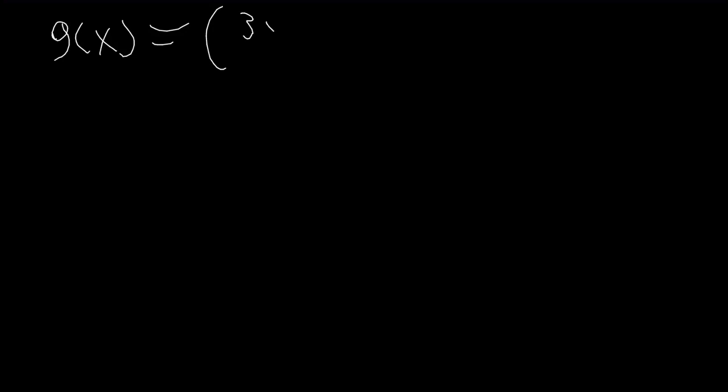Let's try another example. So let's find the derivative of g of x equals ((3x squared minus 2) over (2x plus 3)) to the third power. So what we have to realize here is that we're going to have to use the quotient rule.